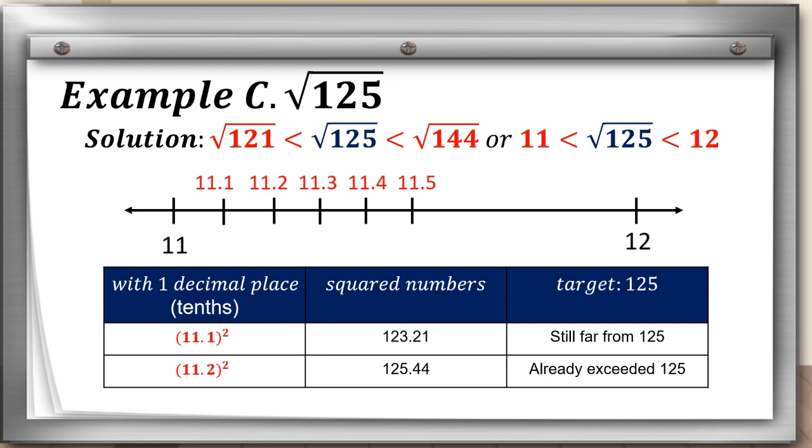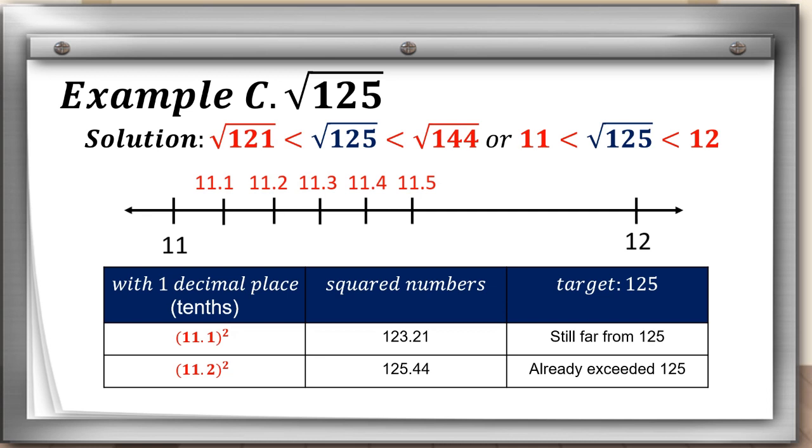Next, 11.2 squared, which is 125.44, which already exceeded 125. Now, pipili tayo between 123.21 and 125.44. Alin ang mas malapit sa 125?